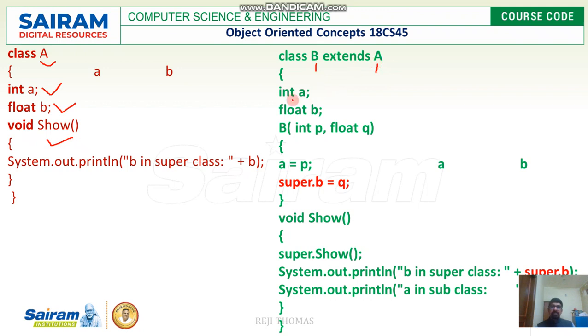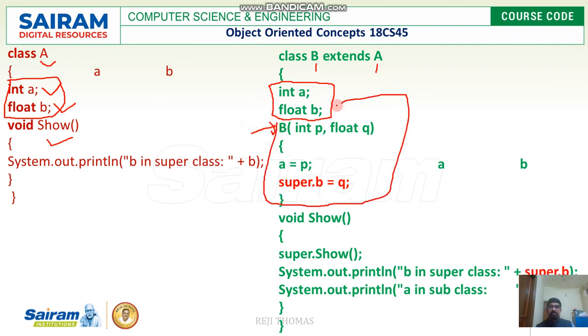And look at the case where even the subclass has got the same instance variables. I'm talking about this a and b. So both in the superclass and in the subclass, we have got the same variables, right? And we have got the constructor for class B. We are not worried about the constructor at this stage.